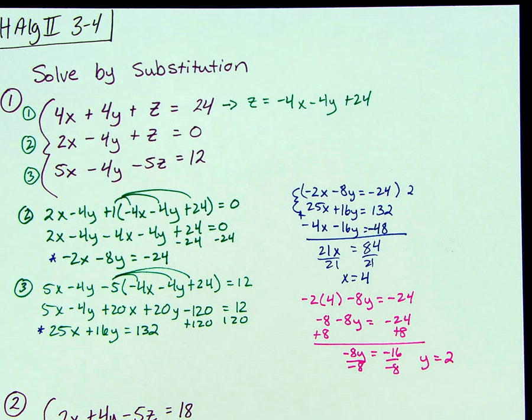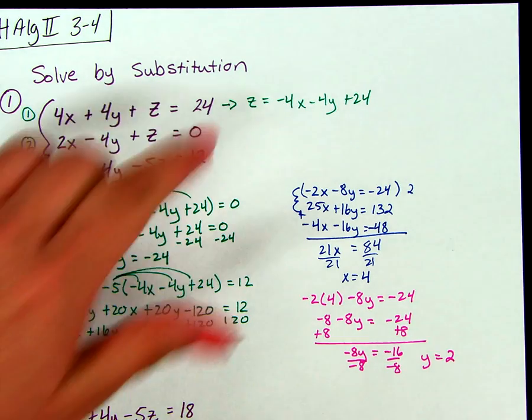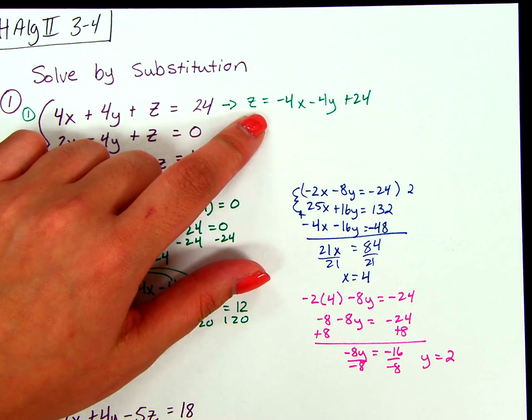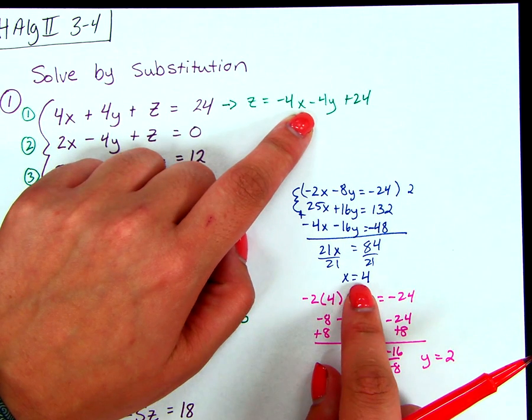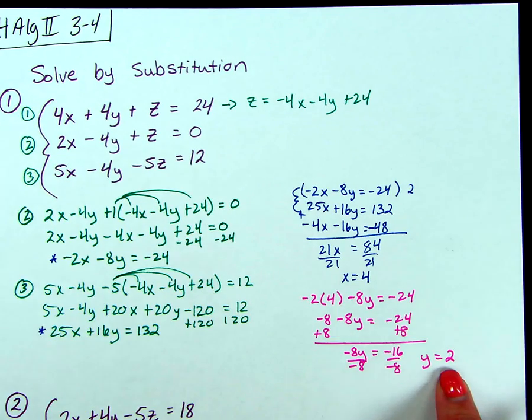Once we know two of the variables, we're going to go back to the original problem. We can pick one of these three equations or the one that we simplified to find our last variable. I'm going to choose the one that we simplified. So x is replaced with 4, and y will be replaced with 2, and then we'll simplify to find z.